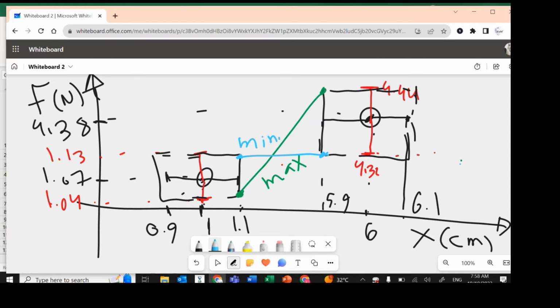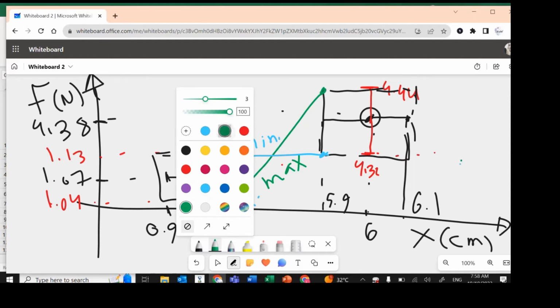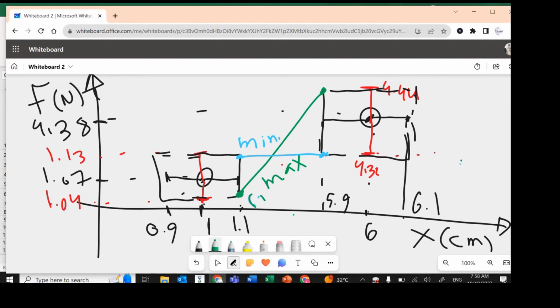Now, we have to write the coordinates in order to find the slope. So the coordinate for this point is x-axis 1.1, and y-axis is this value, which is 1.04.